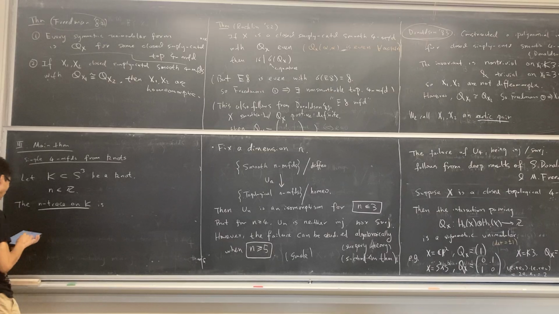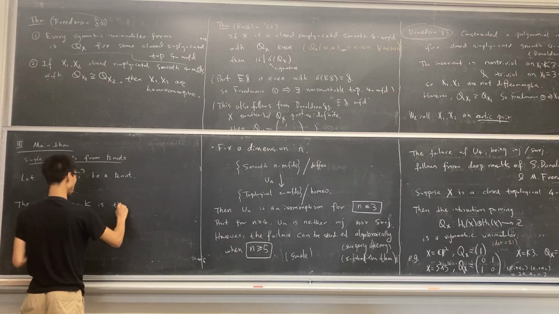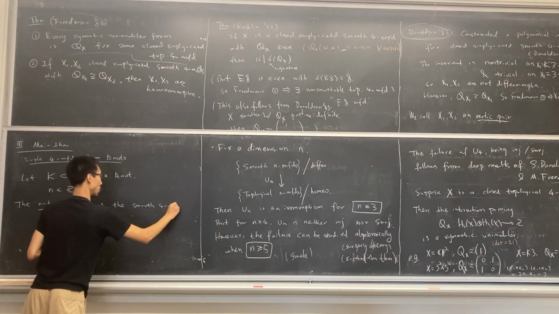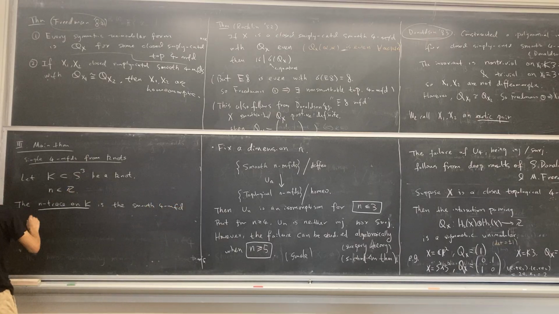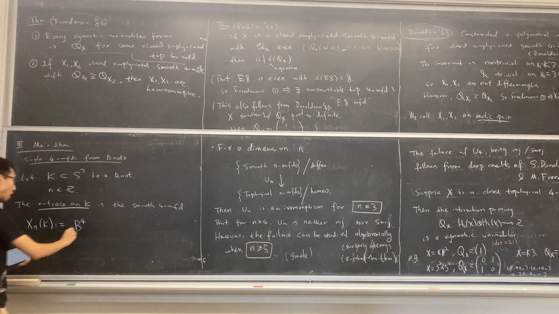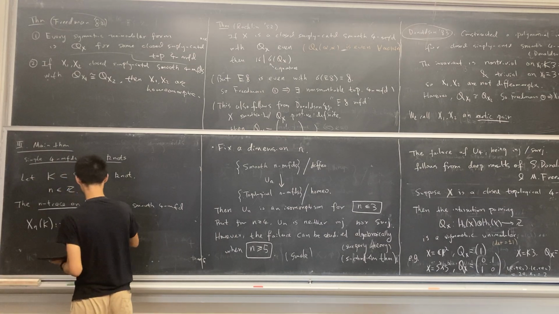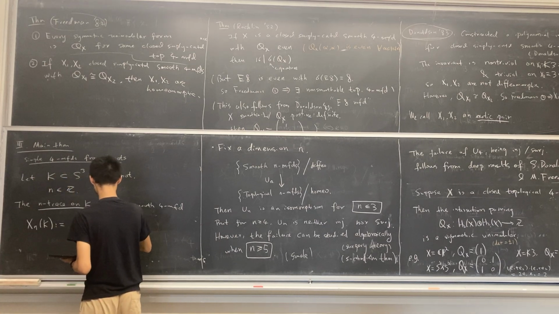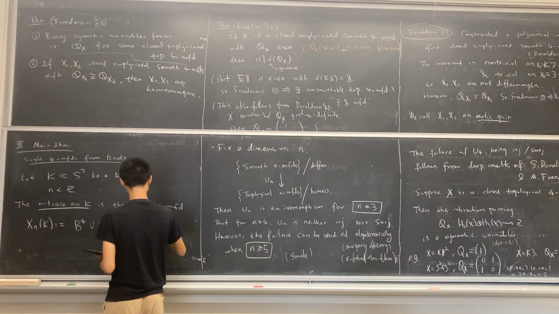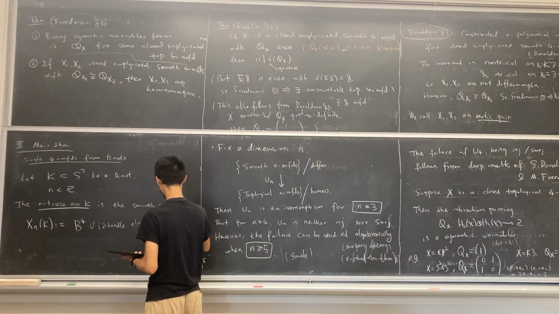The n-trace on K is the smooth four-manifold denoted X_n(K), obtained as follows: you start with a four-ball and you attach a four-dimensional two-handle along a knot K with framing n.